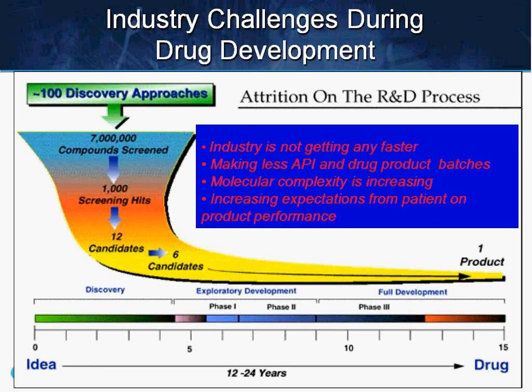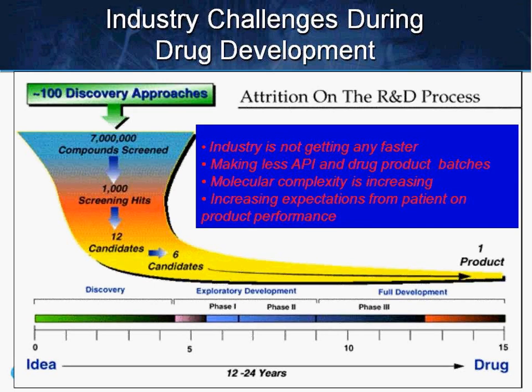So, in the first slide I just wanted to overview some of the challenges that the industry faces. This is a generic attrition curve that we're seeing here. So in discovery we screen many compounds, and eventually that filters through to a number of key products in development and through to registration. But there are some challenges for the industry. Firstly, the industry is not getting any faster. We are making less API and drug product batches.